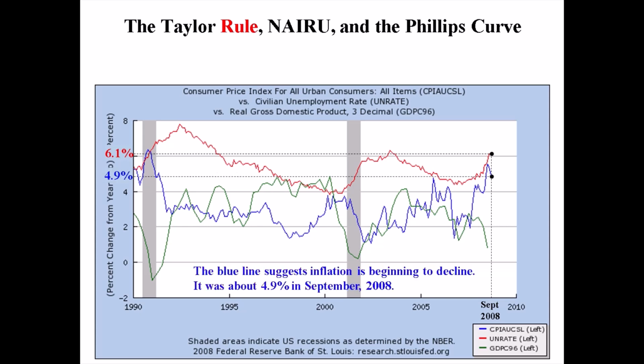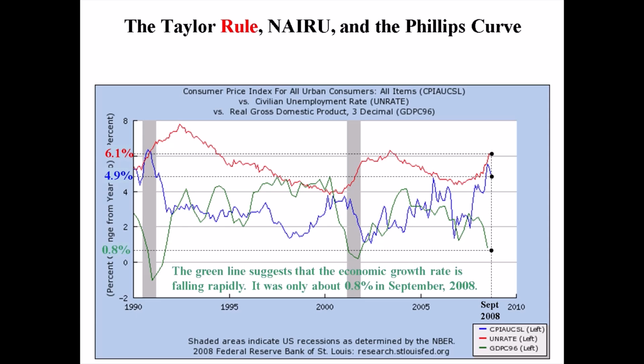The blue line says inflation, which was even higher in a previous month. Looks like maybe it was on its way down. The inflation rate was about 4.9% in September 2008, and looks like it's headed down.